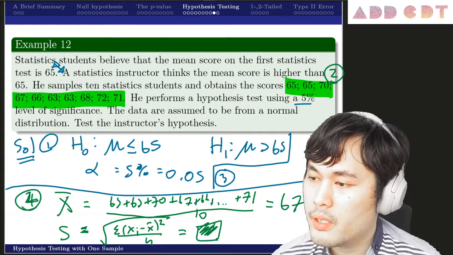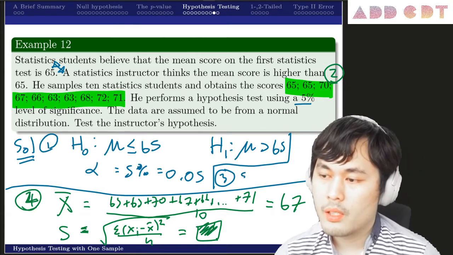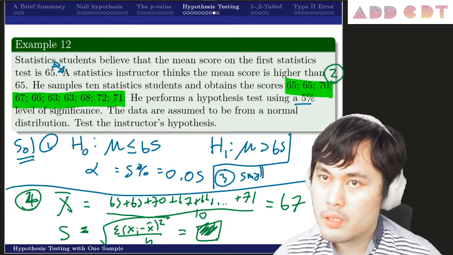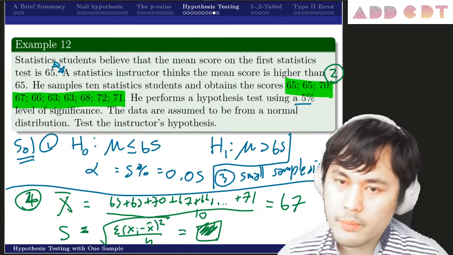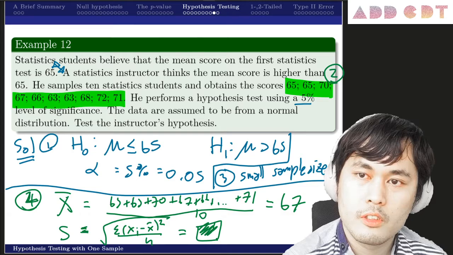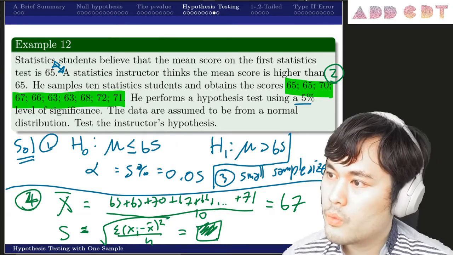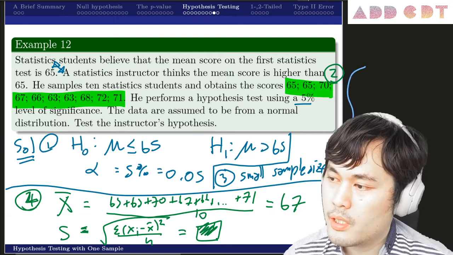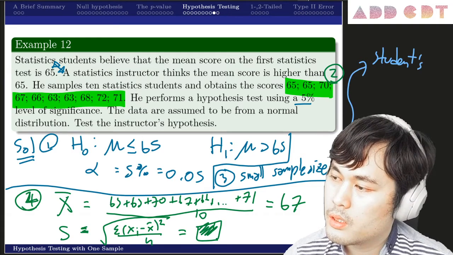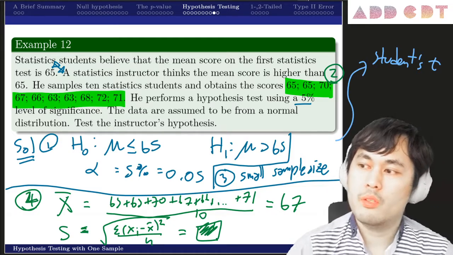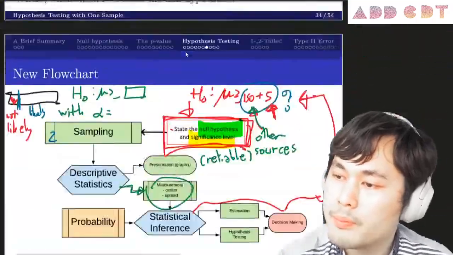But since the sample size is too small, since we only have 10 students, we have a small sample size, and that means we have to use the other one called the Student's t distribution. I think you can go all the way up.